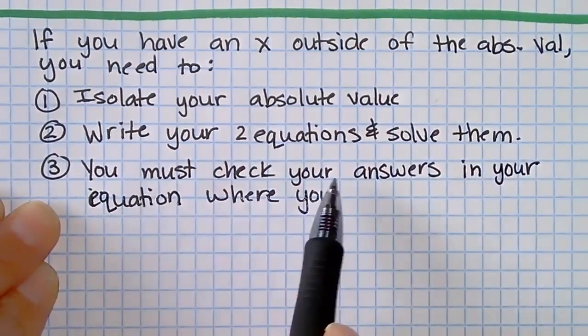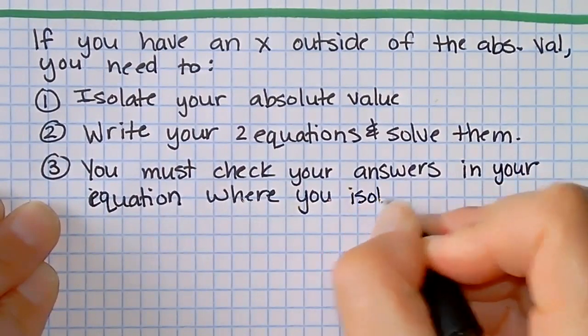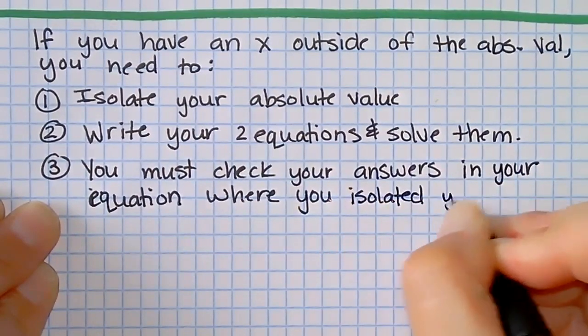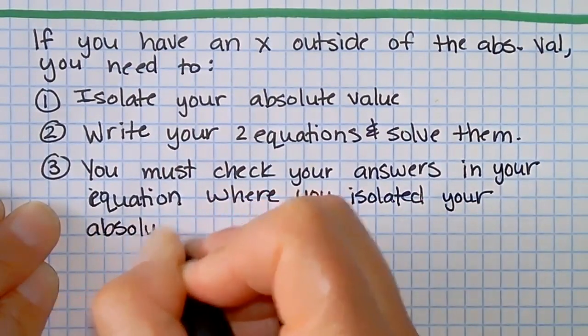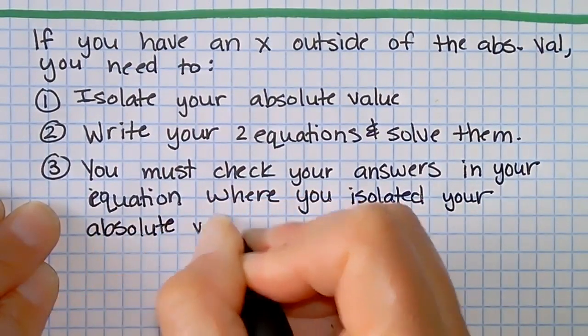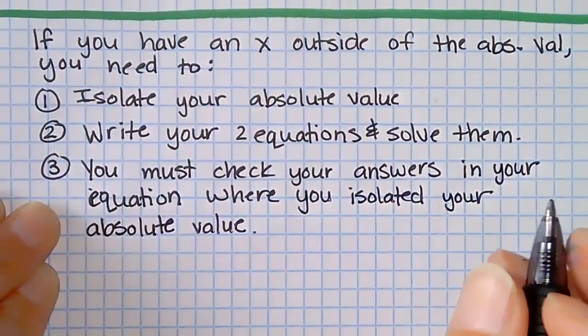Okay, so you must check your answers in your equation where you isolated your absolute value. I would not do it in the original problem. That's not going to be helpful. You want to do it in the one where you isolated your absolute value.